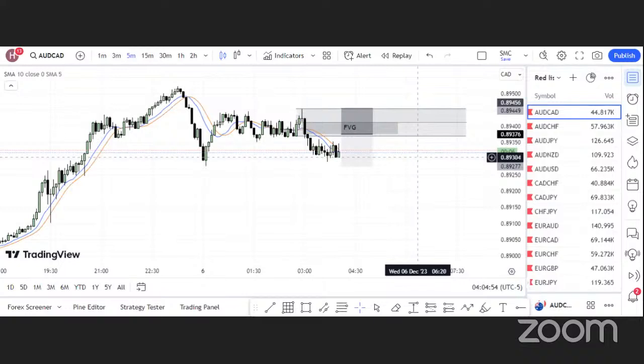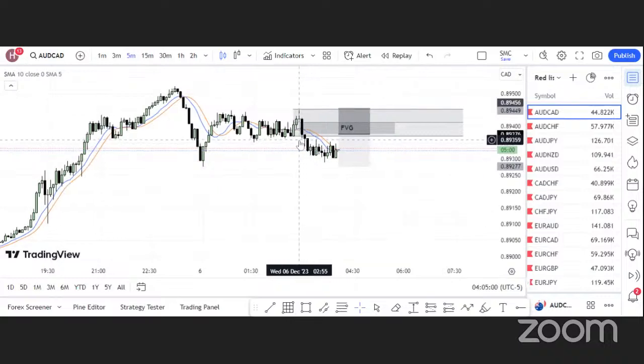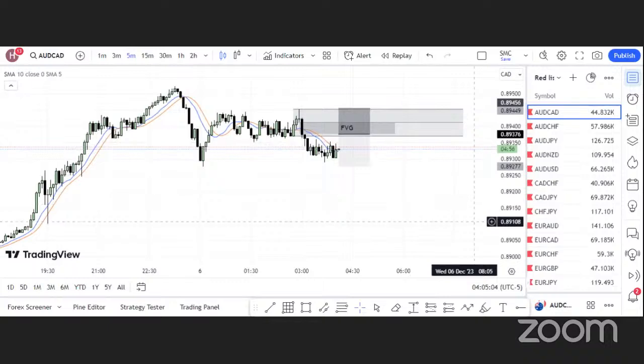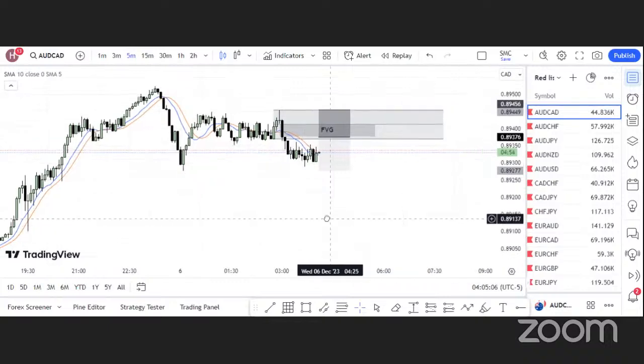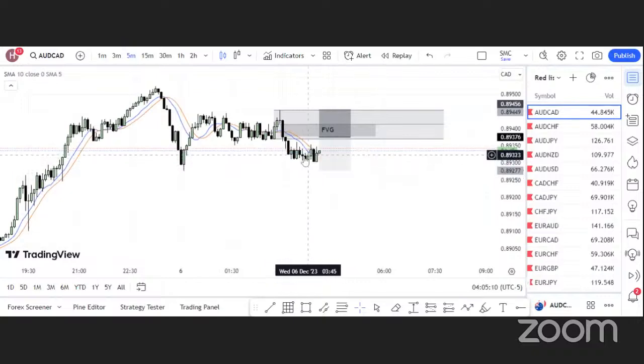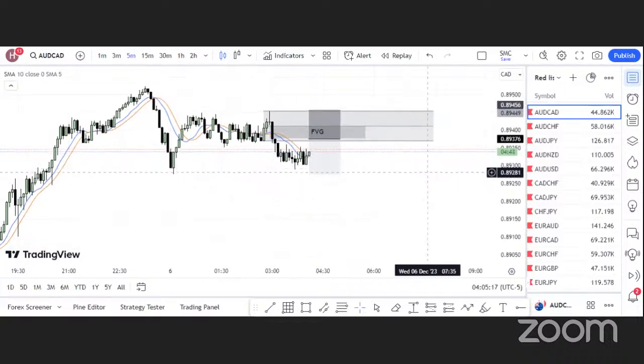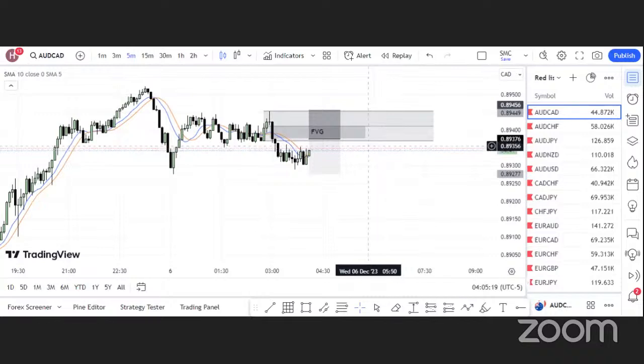So let's see if the market will come here. Okay, this is a good zone. The previous candle has closed, and the current candle is heading towards that area now.